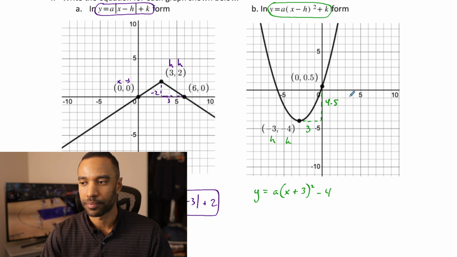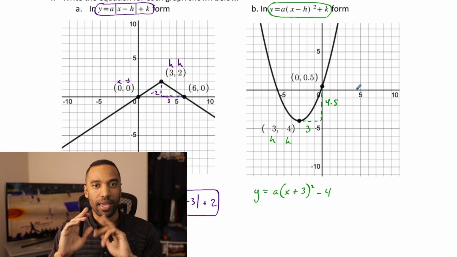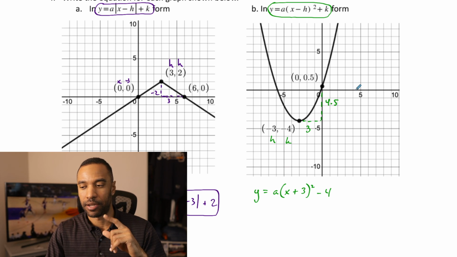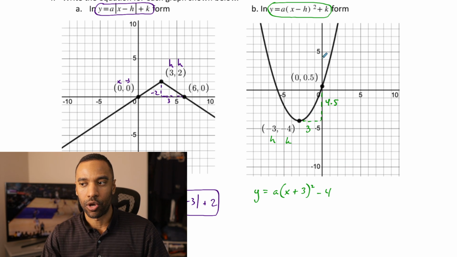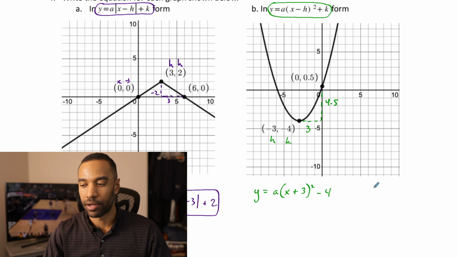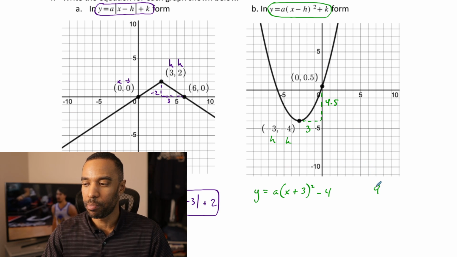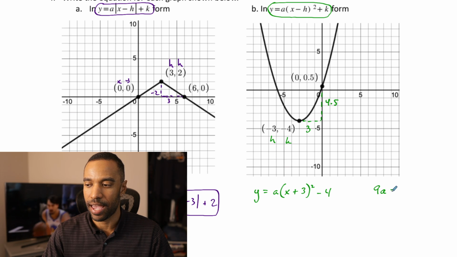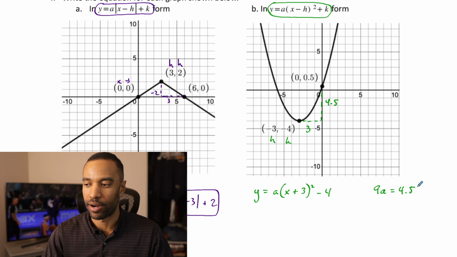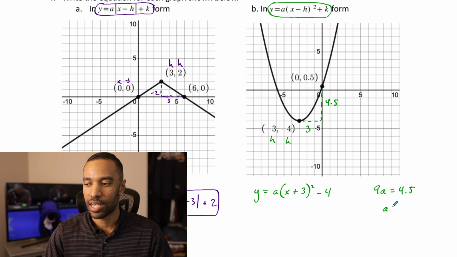So I'm going up 4.5. You can write this part physically or you can think about it mentally. Normally when I go over 3, I would go up 9. I'd go up 3 squared. So if I'm taking 9, how much I would go up, and I'm multiplying it by my vertical stretch factor a, and now I'm only going up 4.5, what is a?